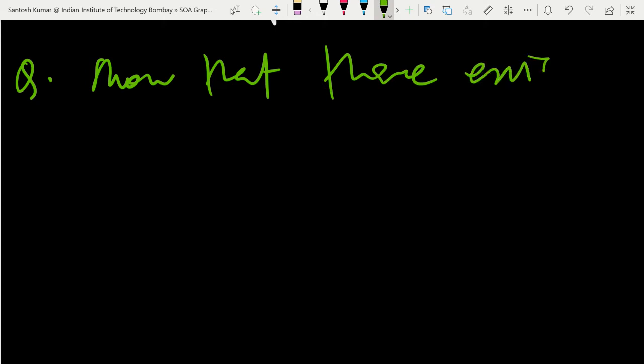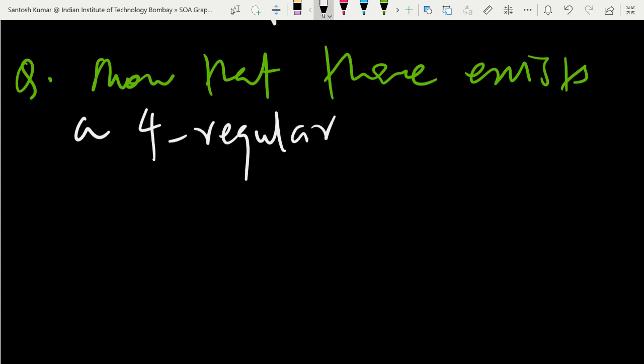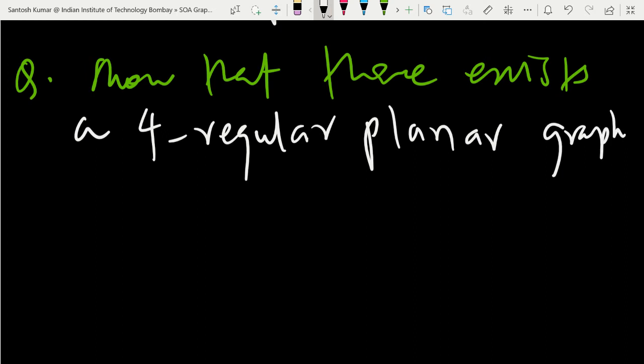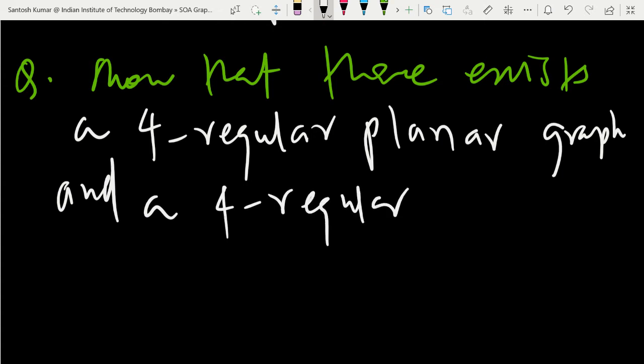Now the next question is, there exists, just one you have to find, a four regular planar graph and a four regular non-planar graph.